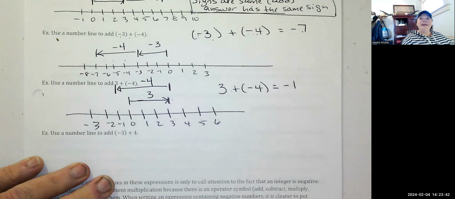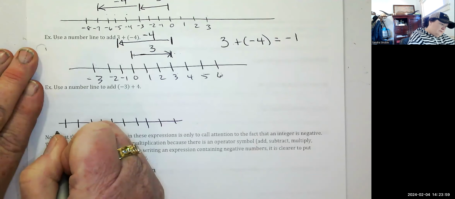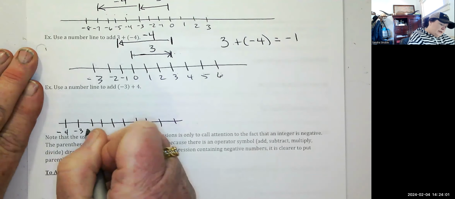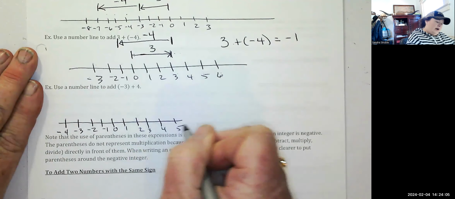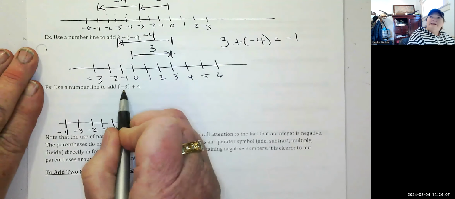I want to do the next one, and then we'll talk about this one. All right. Use the number line to add -3 plus 4. Here's my number line. All right, so let's go with -4, -3, -2, -1, 0, 1, 2, 3, 4, and 5. All right, so we're starting off at -3.